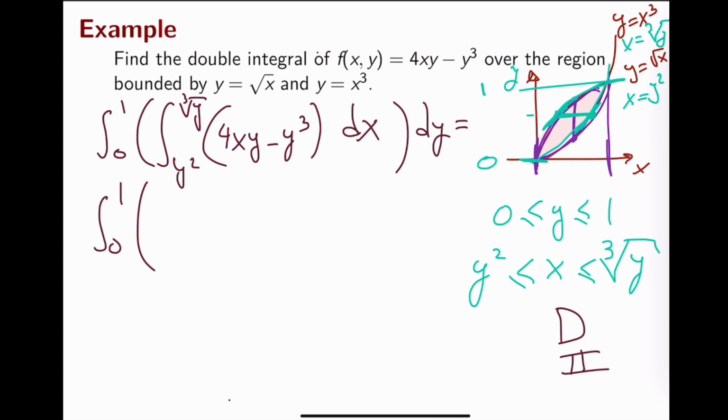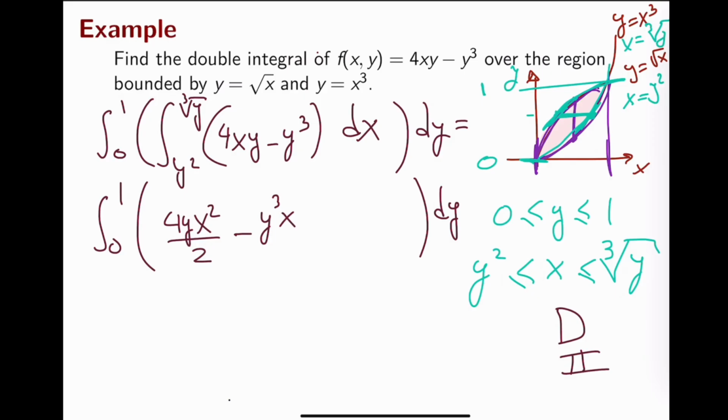So you leave this for the end, so that will be the dy integral, and we need to do the primitive of this. Remember now the function is a function with respect to x, so then the primitive is going to be 4y x squared over 2 minus the primitive of this with respect to x is going to be y cubed, that is just a constant, x.